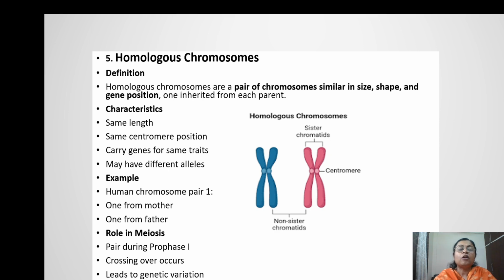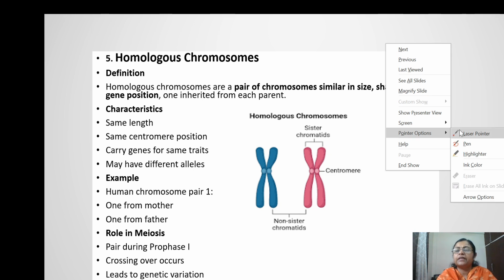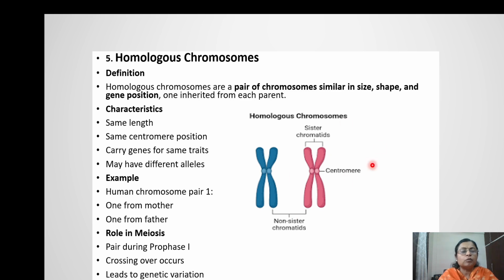As we say that they are homologous, you can observe here two chromosomes. Let me take a pointer. These two chromosomes have the same length, same centromere position. They carry the genes for the same traits and may have different alleles.